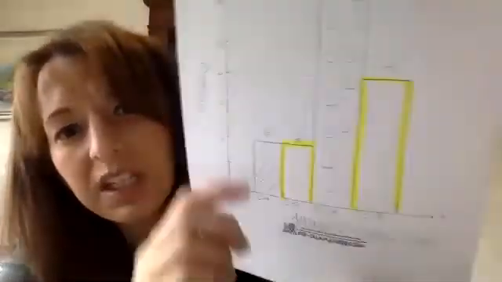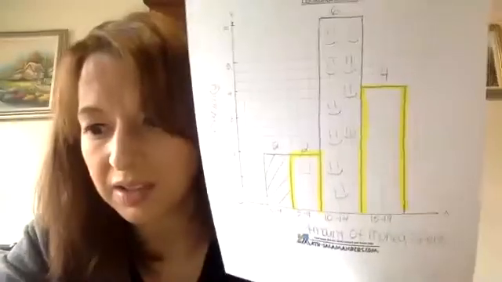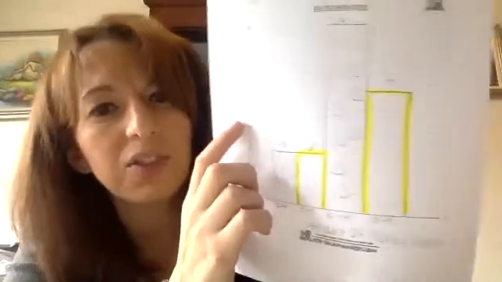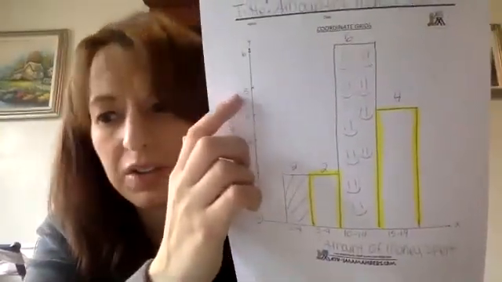Now, on the frequency, you're going to go 0, and you're going to skip 1, 2, 3 boxes. Skip 3 boxes, call it 3. Skip 3 boxes, call it 4. Skip 3 boxes, call it 5.